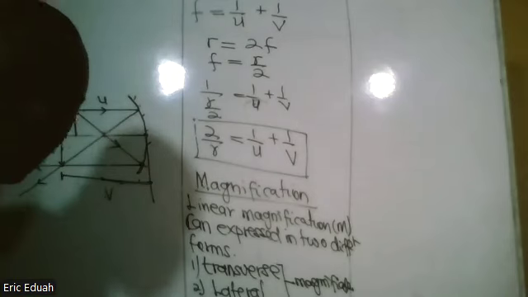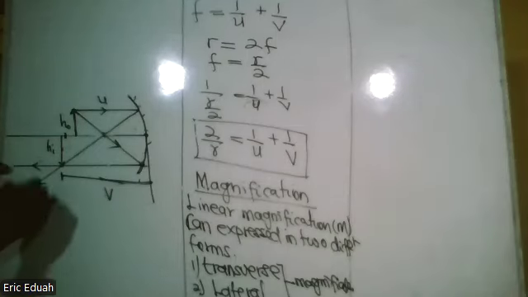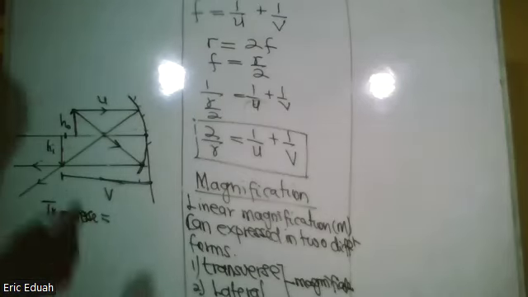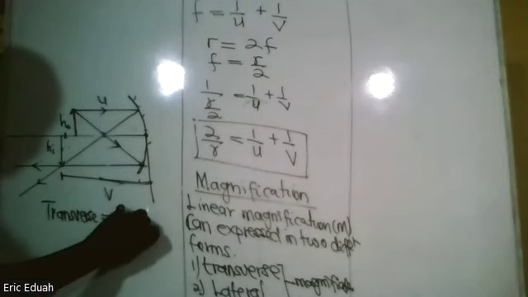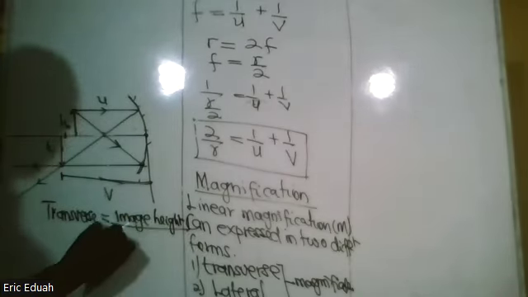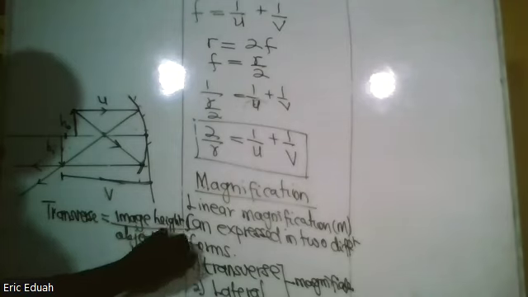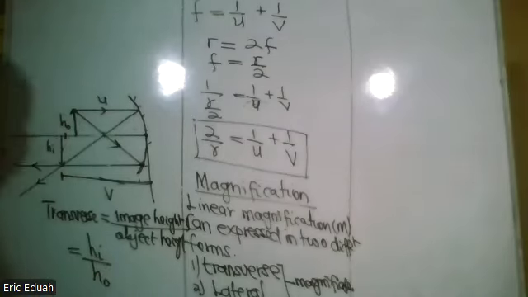So if we have to express the magnification of this, we can look at the transverse magnification. Transverse magnification discusses the ratio of image height to object height. So transverse magnification is HI on HO.